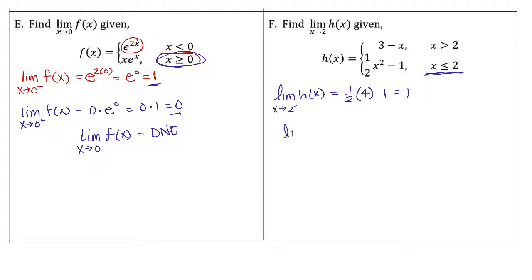And now let's look at the limit as x approaches 2 from the right of h of x. All right, so from the right, we have this up here. So that's going to give me 3 minus 2, which is 1. And yay, these do match. So I have the limit as x approaches just good old 2 of our function h of x, and it does indeed equal 1.